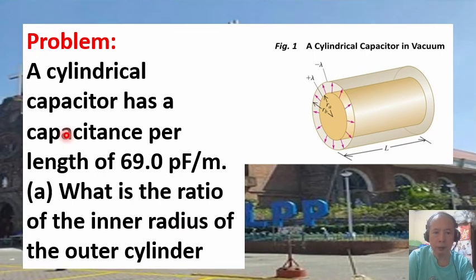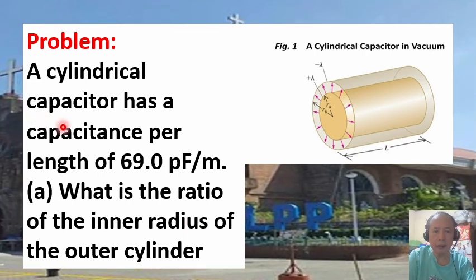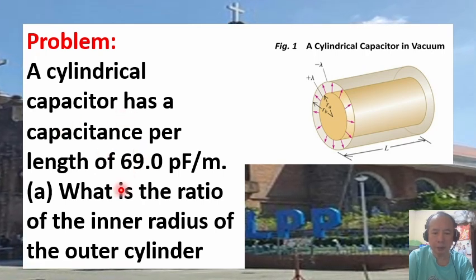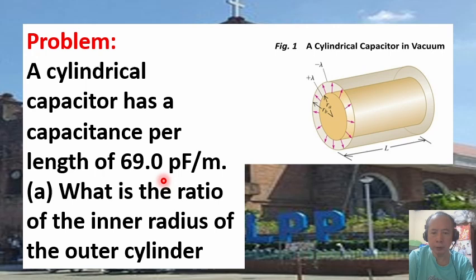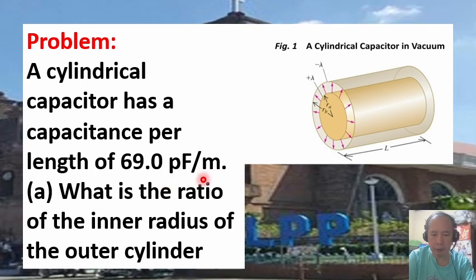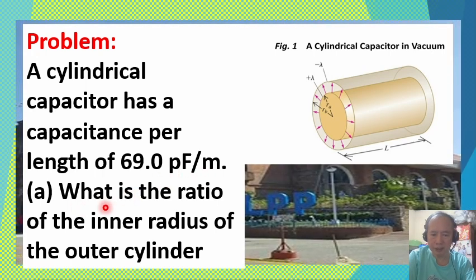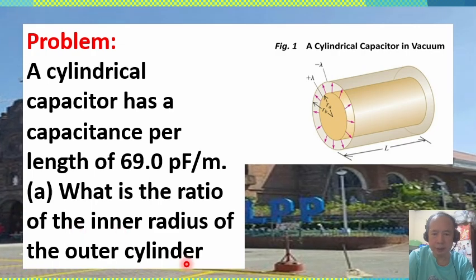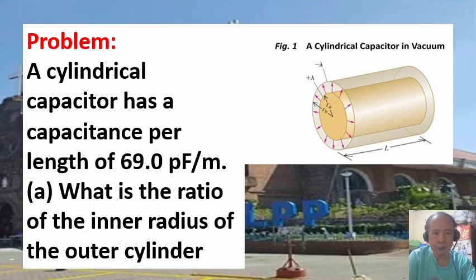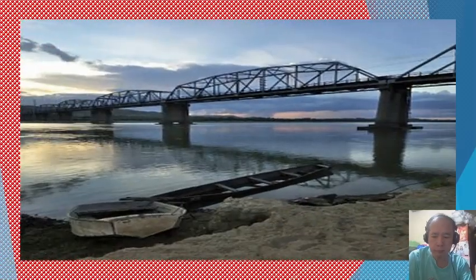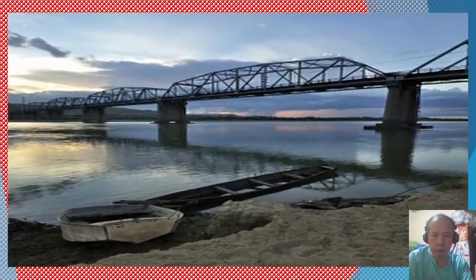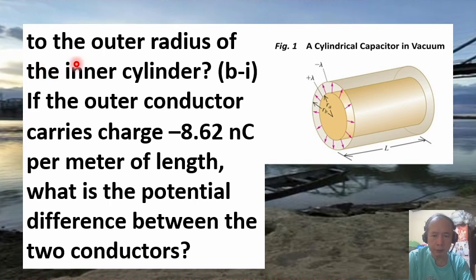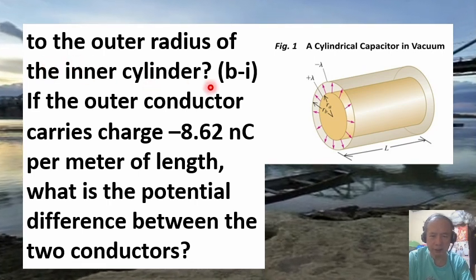The problem is, a cylindrical capacitor has a capacitance per length of 69.0 picofarad per meter. Question letter A: what is the ratio of the inner radius of the outer cylinder to the outer radius of the inner cylinder?